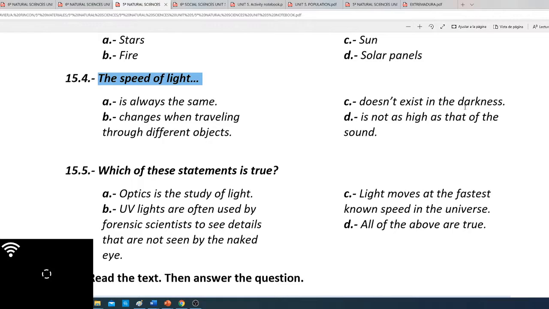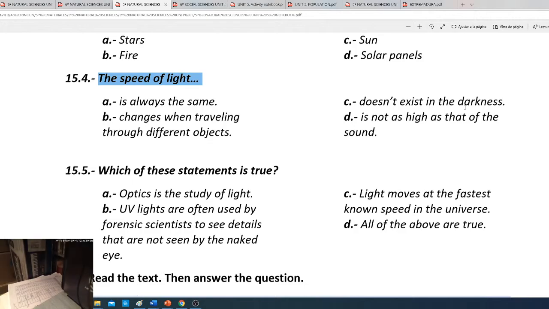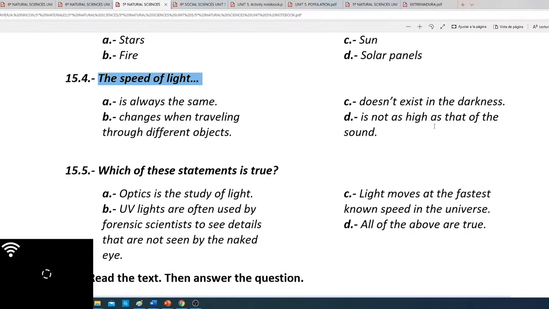We are in 15.4, talking about the speed of light. Yes or no? You think B? Yes. It changes when traveling through different objects. Good.